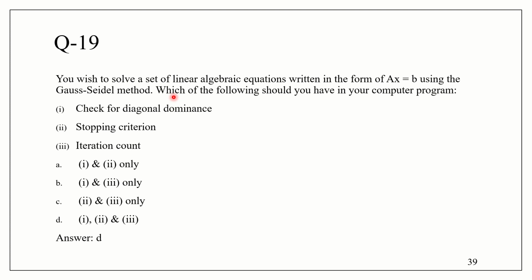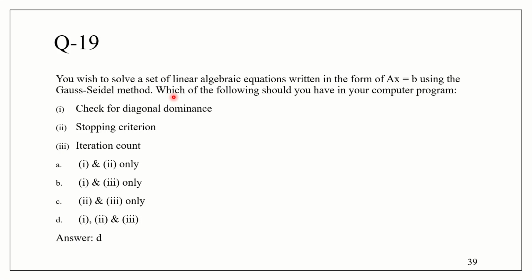So in our computer program, we would be starting with iteration. We would first be checking whether the diagonal dominance condition is satisfied, and then we will be having the stopping criteria. Like between these two iterations, if the error is less than this, we can stop, or if it is not, we can go another loop.